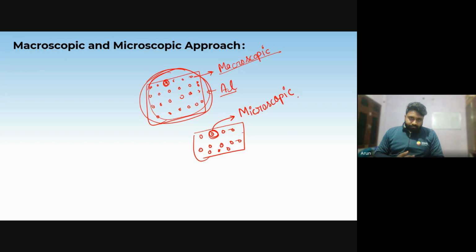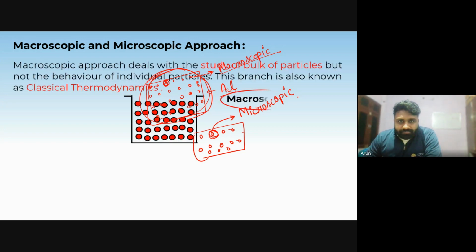When you observe individual atoms, the chances of error will be reduced drastically, but the time it takes will be more. So these are pros and cons of both processes. Got it? I hope you are clear with this.